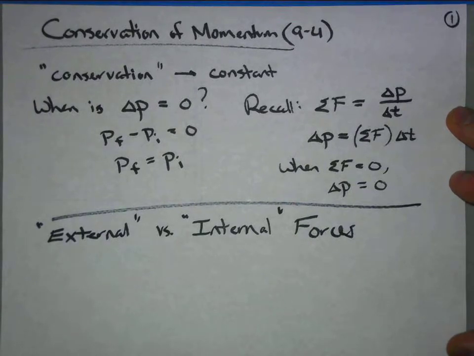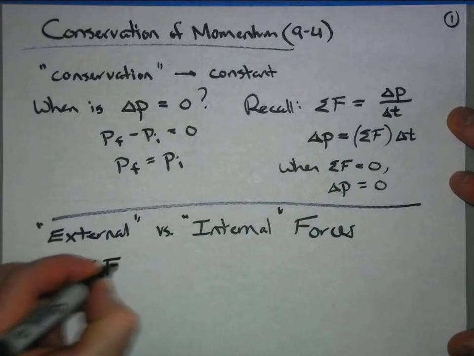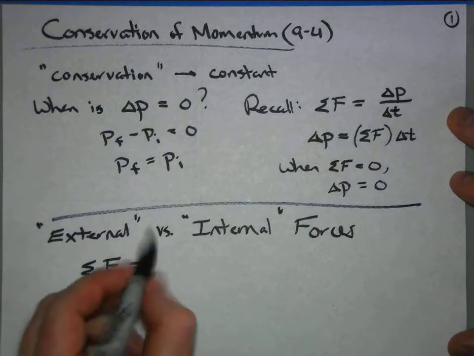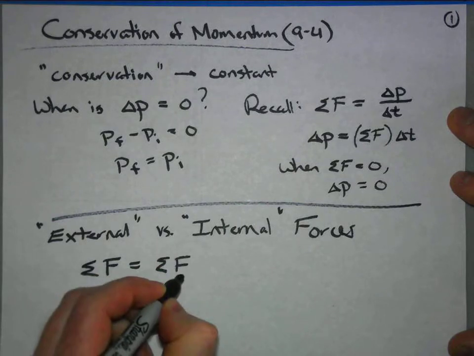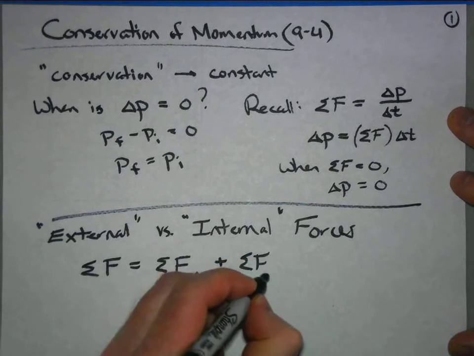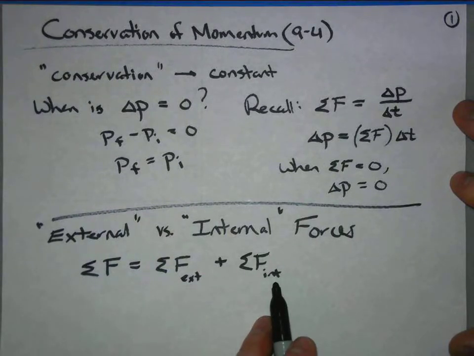All right. So this idea of the sum of the forces acting on an object, well, of course, it comes from the sum of the external forces plus the sum of the internal forces, right? It just has to. By definition, this is everything, and therefore we have to add the external plus the internal.